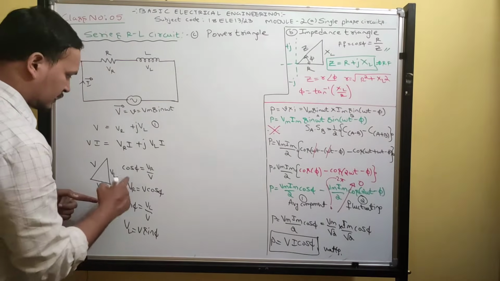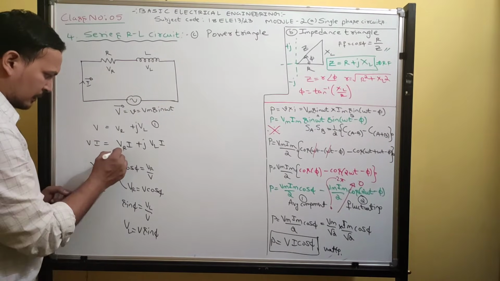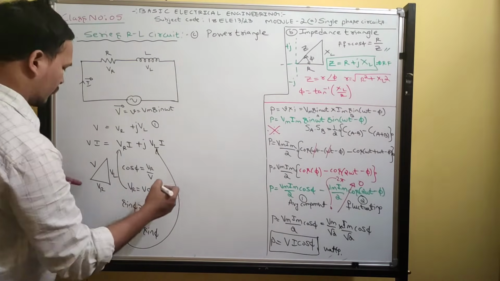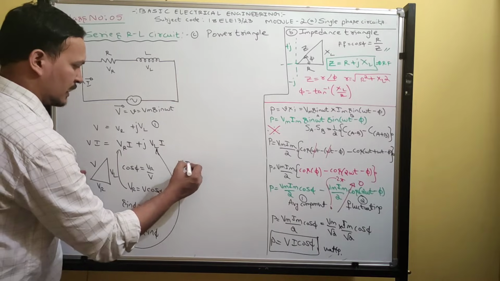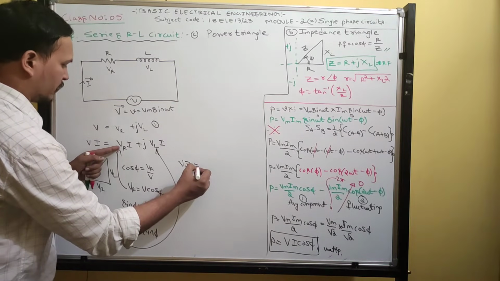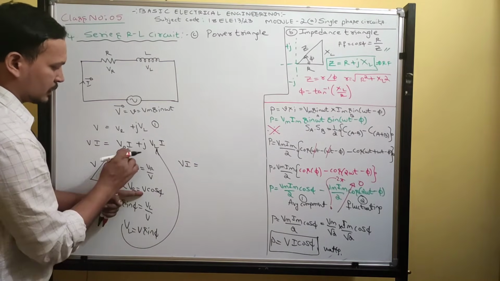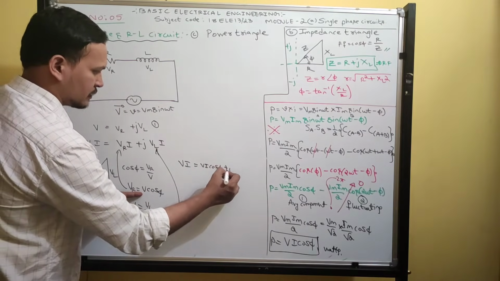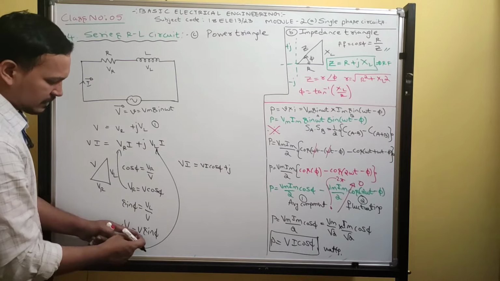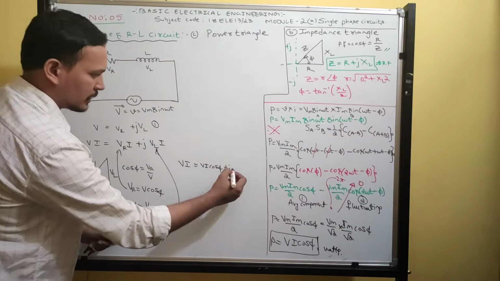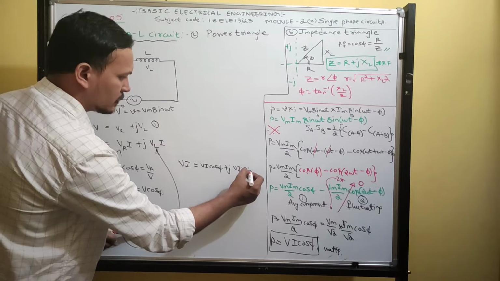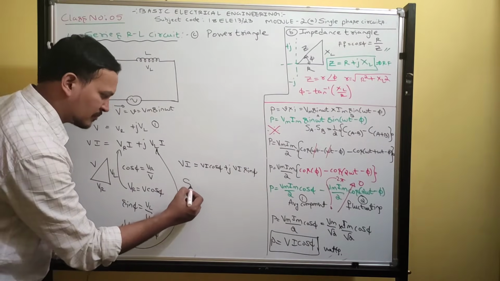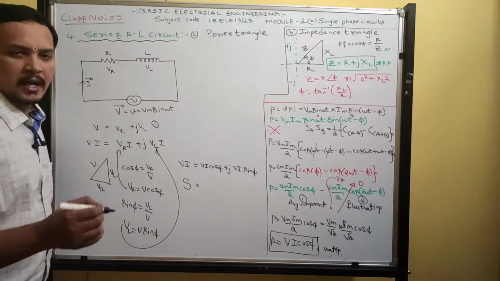See now, substitute these relations, VR value here and VL value here. Therefore, you will get the following types of power. VI on the left hand side, and what about VR? V cos phi into I. I am writing in correct order: VI cos phi plus J, what is VL? V sin phi into current. I am writing in order: VI sin phi. See, the product of voltage and current is nothing but total power or apparent power.